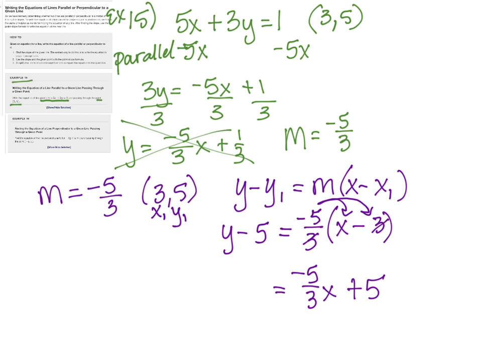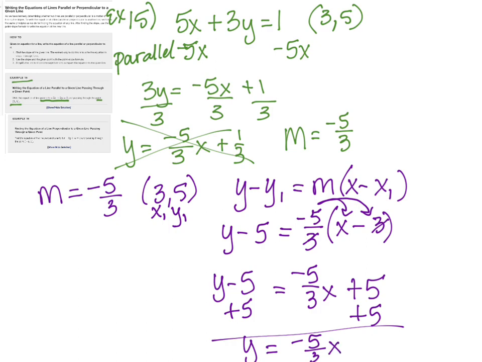Equal to, what's on the left? Y minus 5. Now we're going to swing that 5 all the way over. So y equals negative 5/3 x plus what? 10. Y equals negative 5/3 x plus 10.